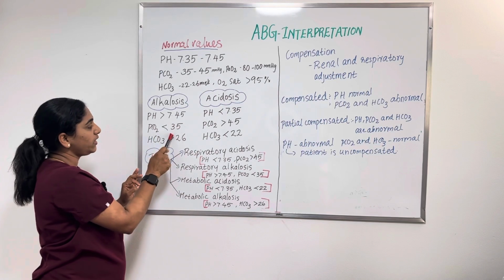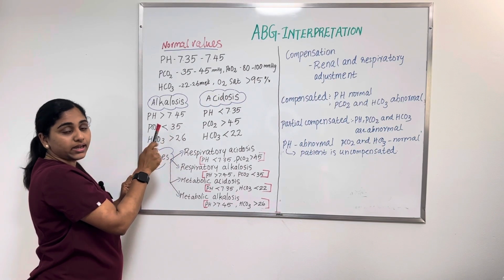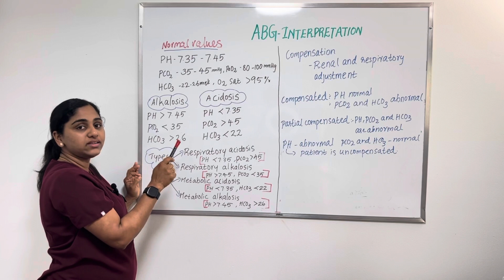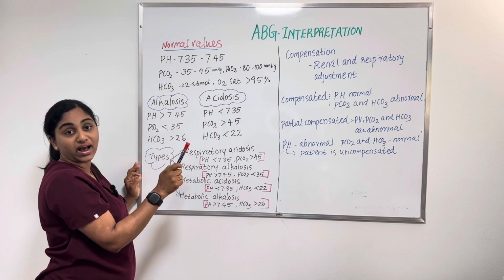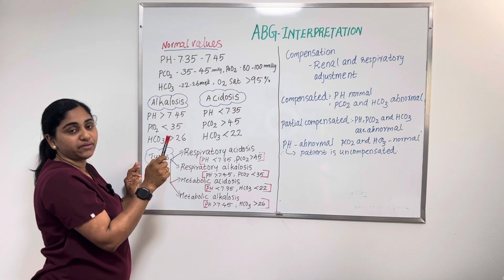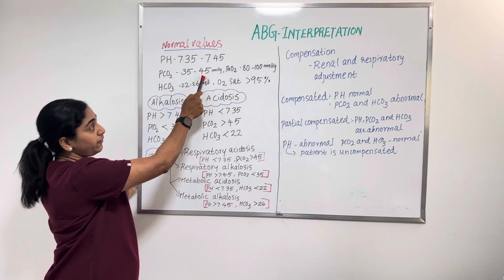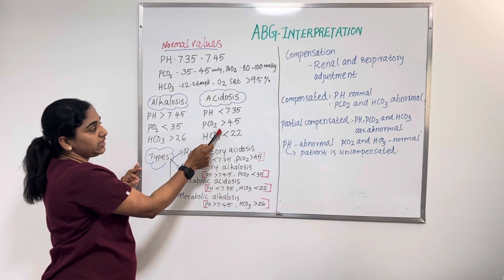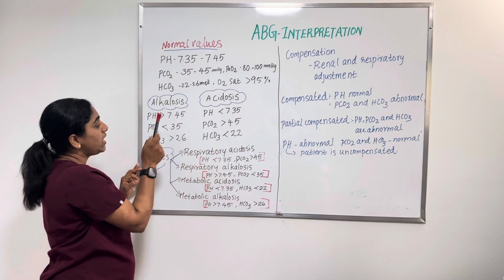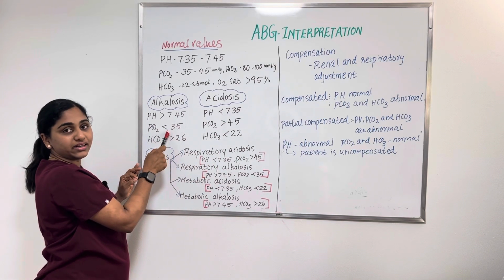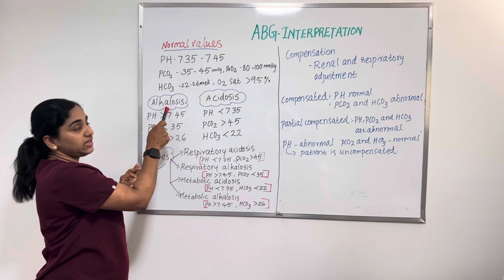The other component, carbon dioxide, always stands in terms of acidic. That means if it is greater than the normal value, that is greater than 45, it is acidic. If carbon dioxide is less than 35, it is alkalosis.